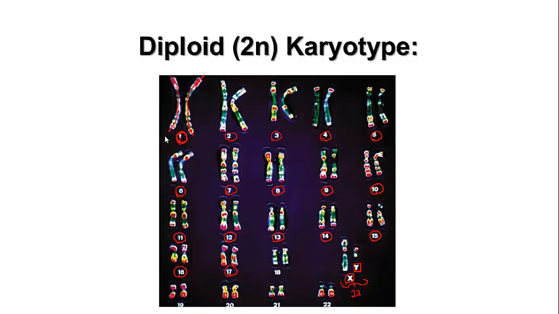This is one homologous chromosome, and then this is the other homologous chromosome. Within each individual chromosome, there are actually two sister chromatids linked together by a kinetochore at their central centromere regions of DNA.